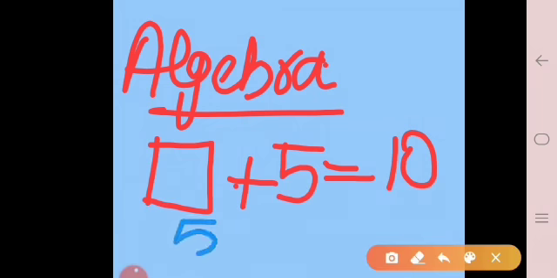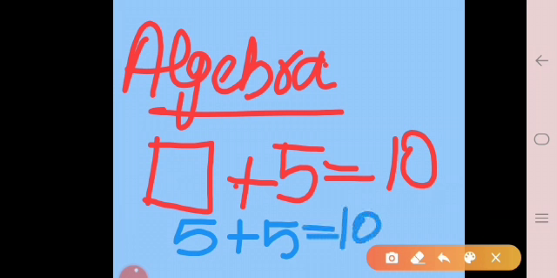If I add 5 plus 5, I'm going to get 10. But this was a really easy example. So what we do in algebra is that for complex questions, we investigate the unknown values which we do not know with the help of different methodologies given to us by algebra.